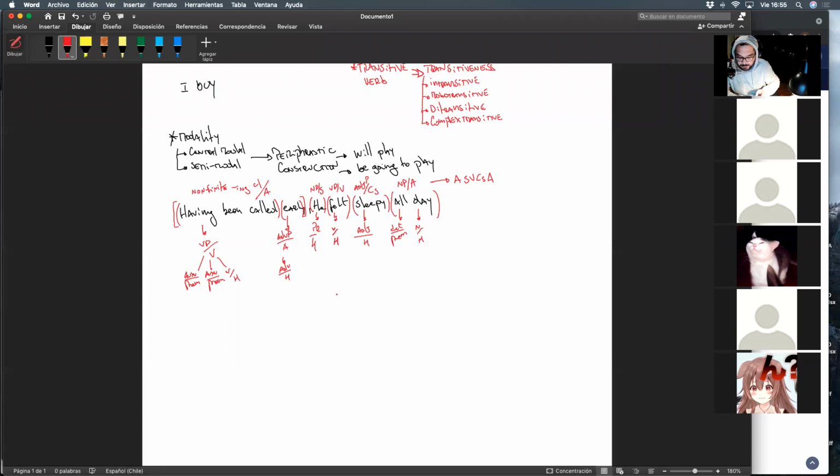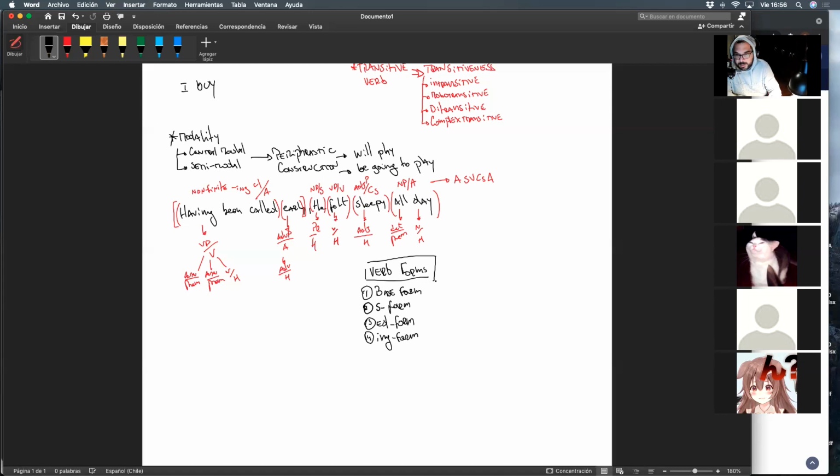Do you remember the different forms verbs can have? Right? Okay, verb forms. This was part of the previous test. They can be base form, S form, ed form, ing form.